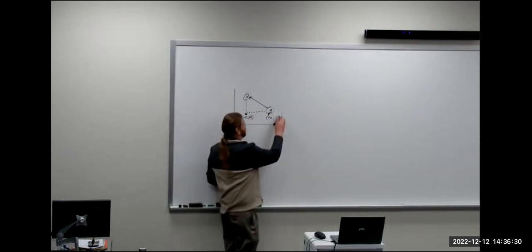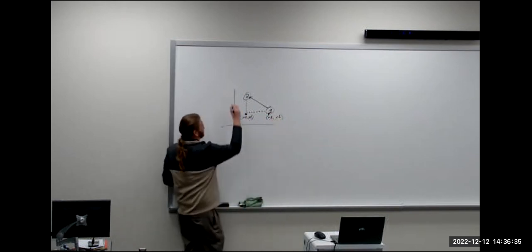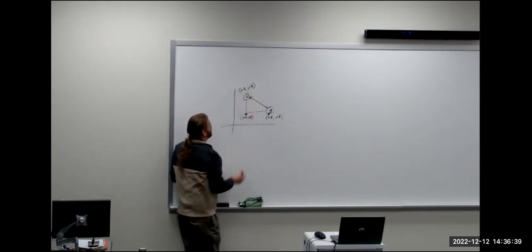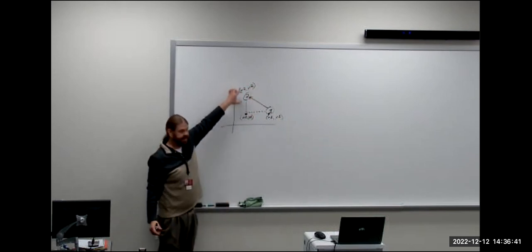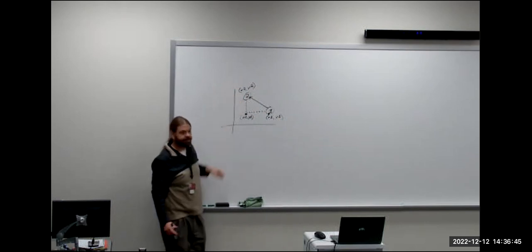Because over here, X1, Y1, and then up here we have X2, Y2. And really what we need is to find the difference of them to find out how long that is.